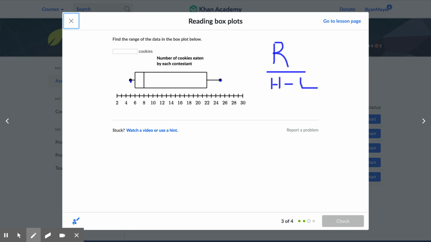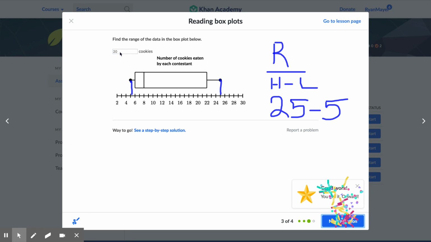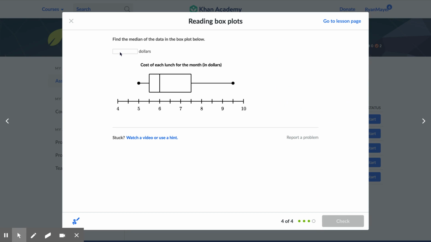This dot goes down to 25, and this dot goes down to 5. So what I would do is put my highest number, 25, minus 5, and that's going to be 20. So I'll go 20, and that's it.